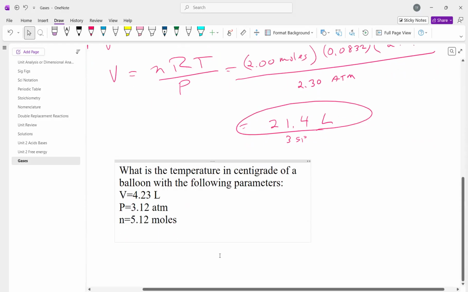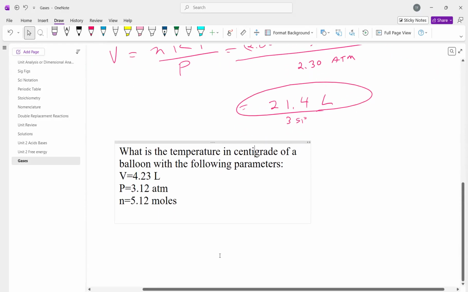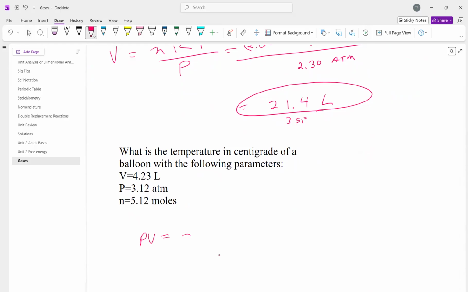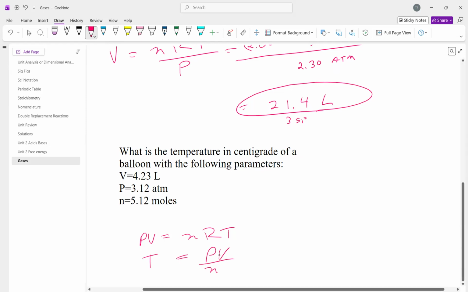Okay. Now there's an assumption. If they don't specify moles, it's always 1 mole. So if I left off the 512, you don't have to worry about it because it's going to be one. Okay, so PV equals nRT, we want T, so that's equal to PV over nR.